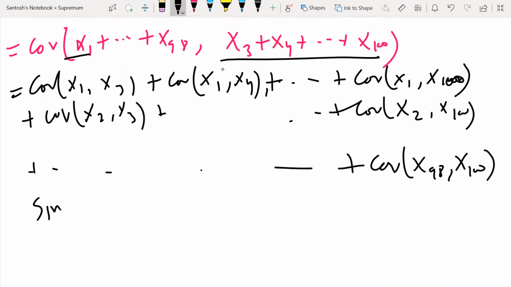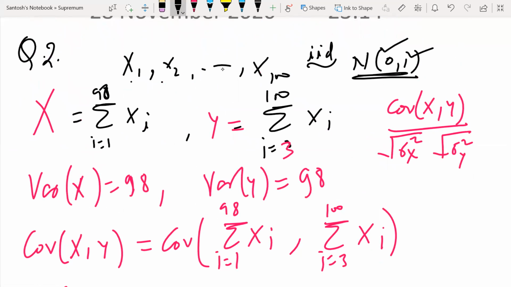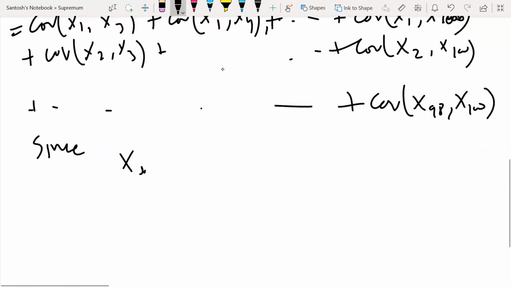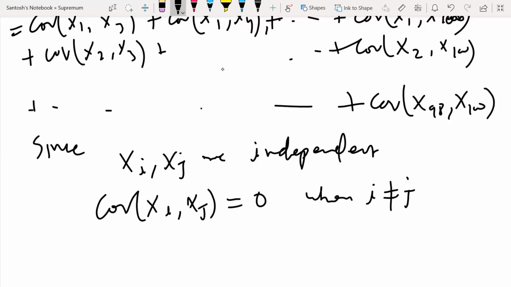Since x1, x2, and so on are all IID, independent and identically distributed, if xi and xj are independent, then covariance of xi comma xj is 0 when i is different from j.